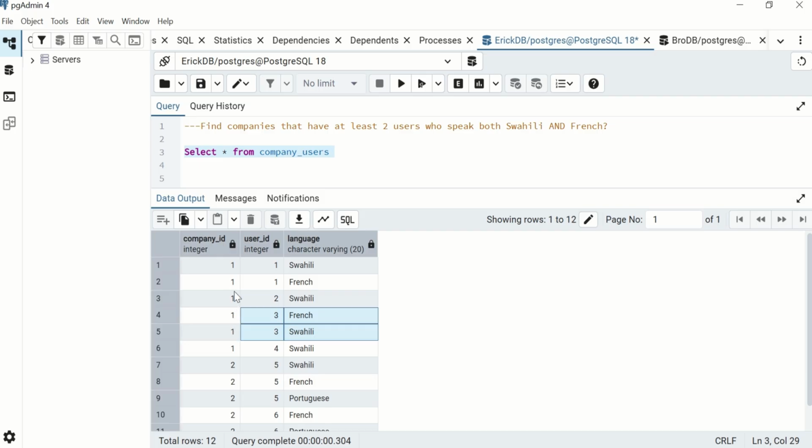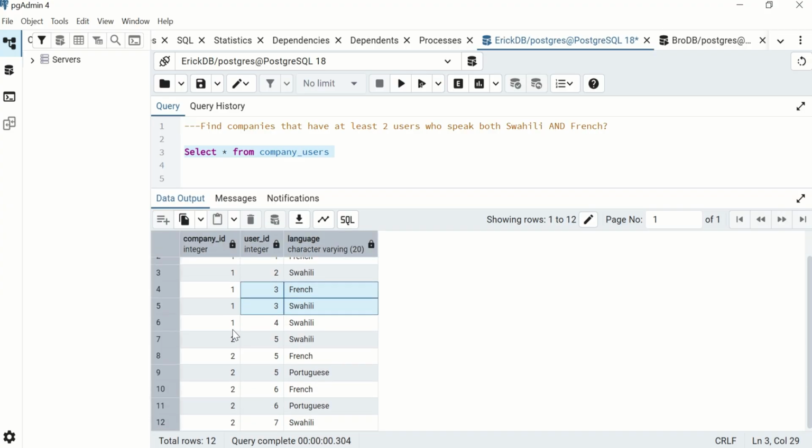In company one, user ID one speaks Swahili and French, and user ID three also speaks French and Swahili. So company one has at least two users who speak Swahili and French, and basically company one will appear in our final output.